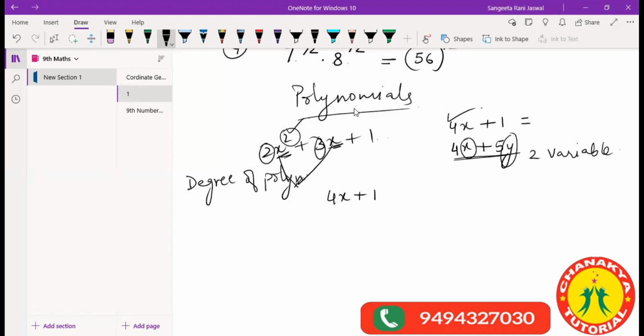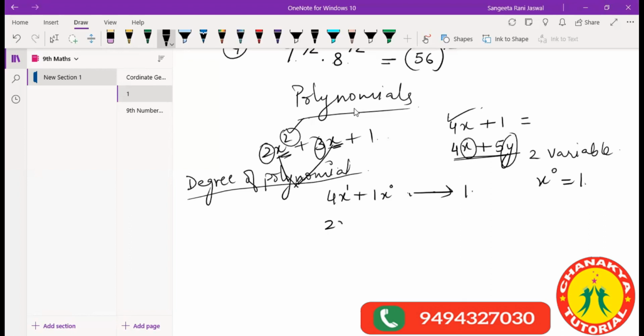The highest power of any variable in the polynomial is called the degree of the polynomial. So in this case, the highest power is 1. यहाँ पे power कितनी है? 0. X की power 0 है ना? Anything with the power 0 is 1. So यहाँ पे 0 है, the highest power is 1 here. So that means इसका degree कितना है? 1.